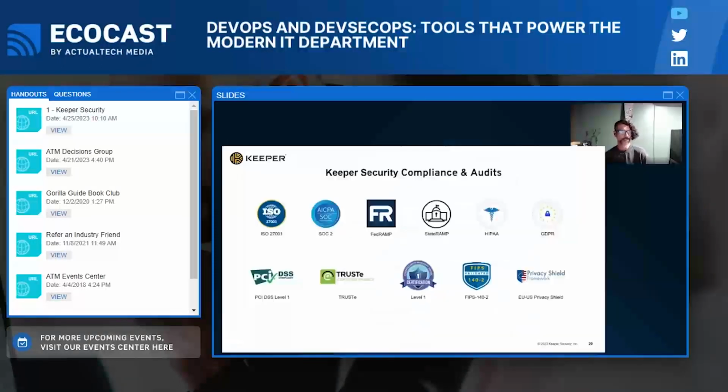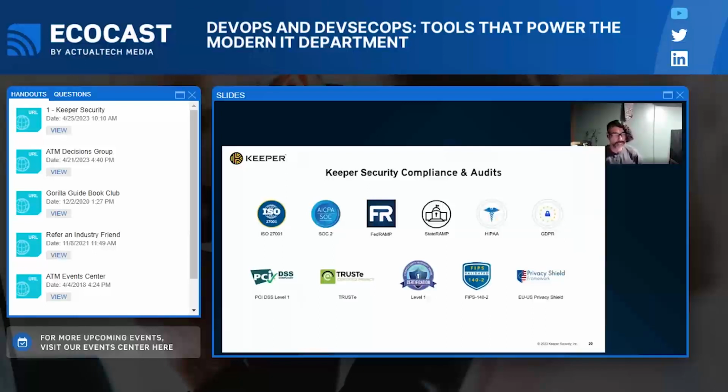Now, this is important. When we're thinking about utilizing such a platform, and here we are stressing about security, it's important that the platform you're utilizing complies to some audits and compliances as well. And I am happy to state that Keeper is SOC 2 Type 2 and ISO 27001 certified and compliant. We're FedRAMP and StateRAMP authorized. And that is awesome.